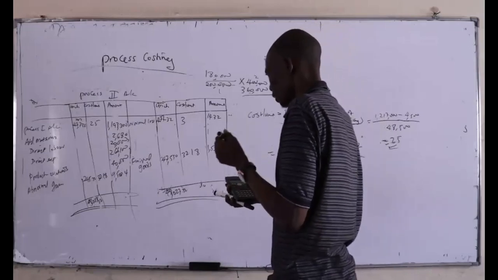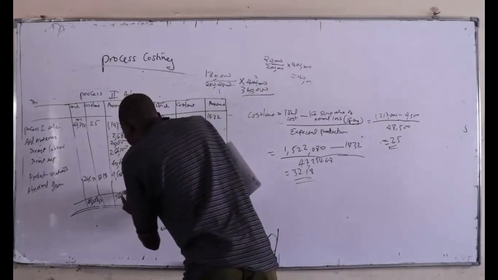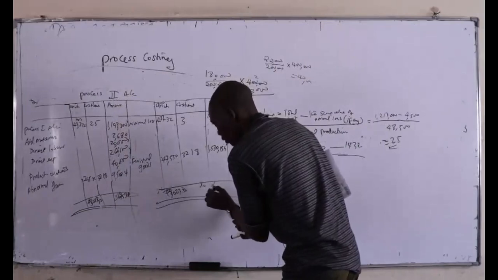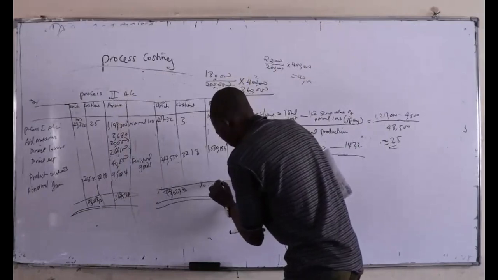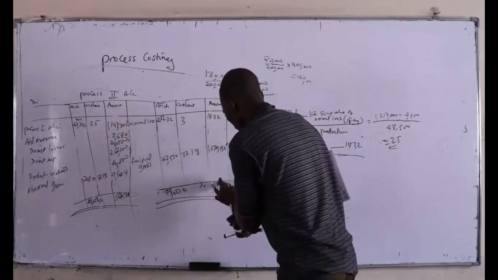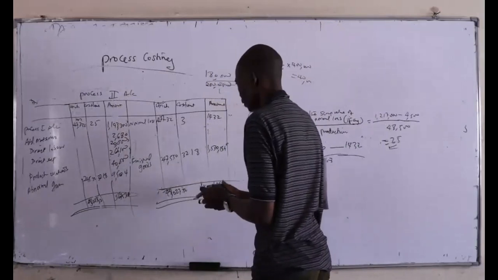So this total would be 56,758.01. So roughly the total amount is 56,758. No, just a minute.